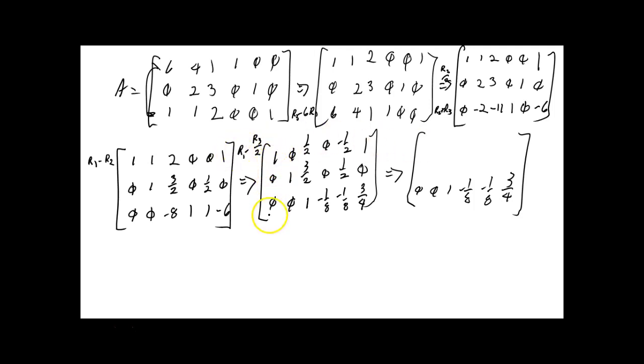Row 1 minus half of row 3. 1. Okay, thank you so much. Next, 0. Next, 0. Okay, now the bad part. Not 0. It's 0 minus half of 1/8, so that would be plus 1/16.